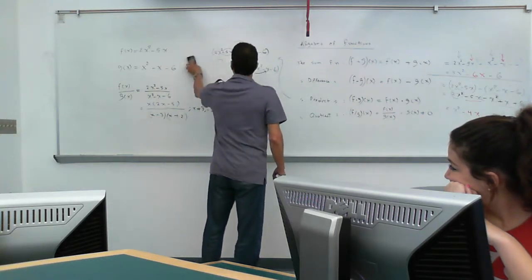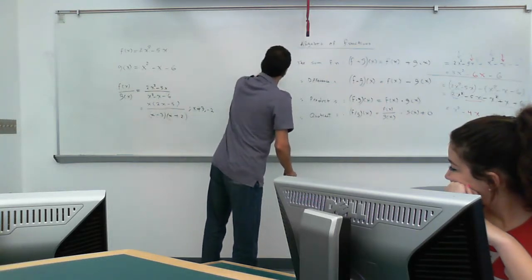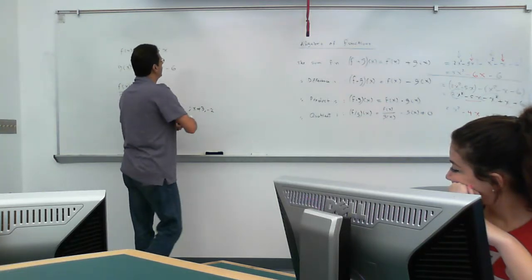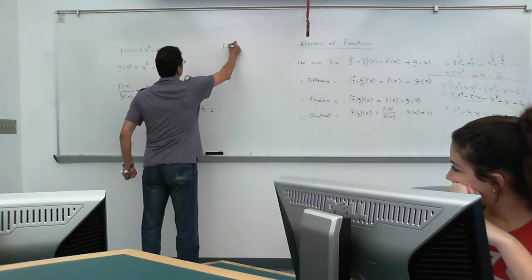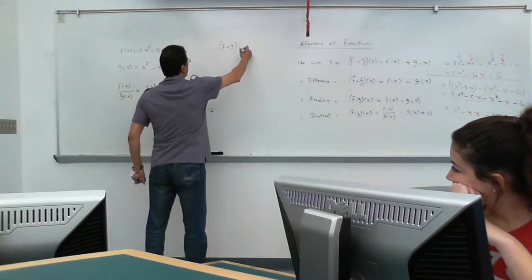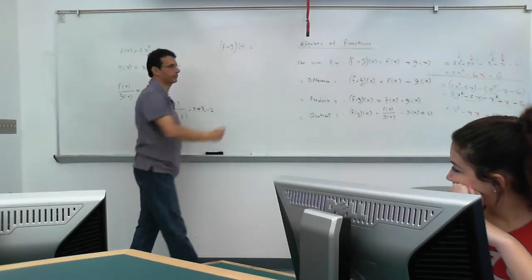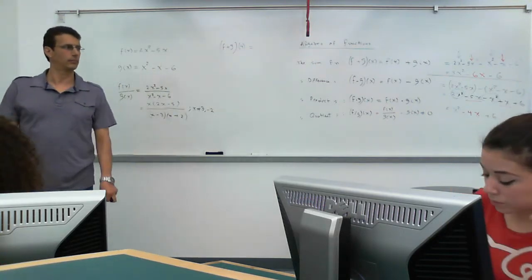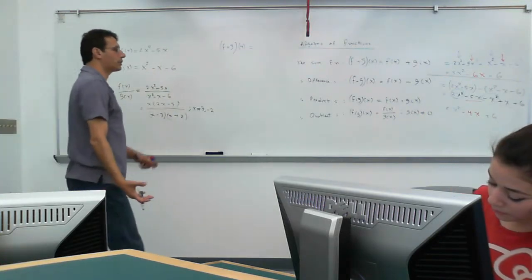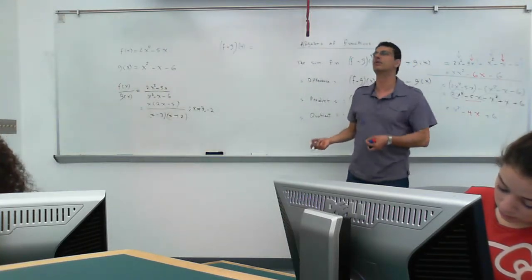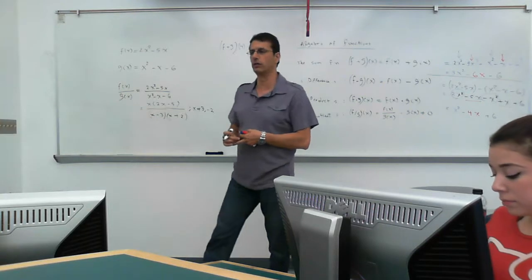We want to find the following. We want to find f plus g of, let's make up a number. Let's say 4, okay? Rather than f plus g of x, we want to find f plus g evaluated at a specific value. For example, x equals 4.